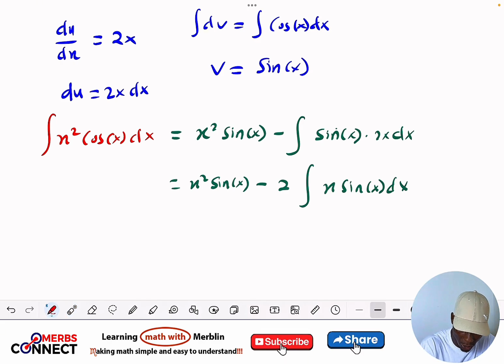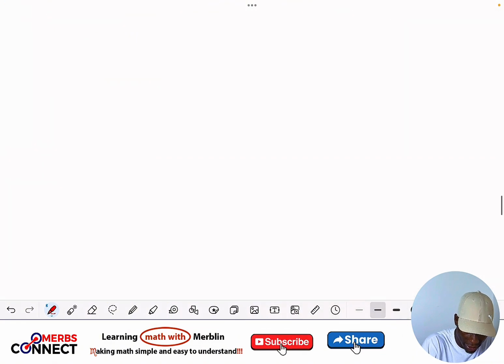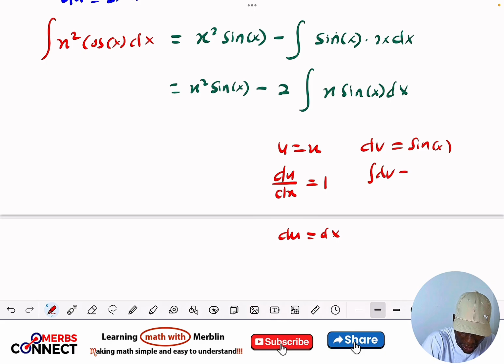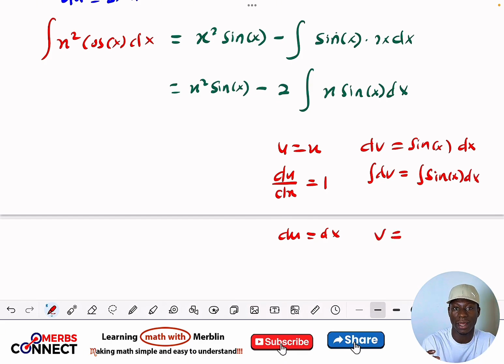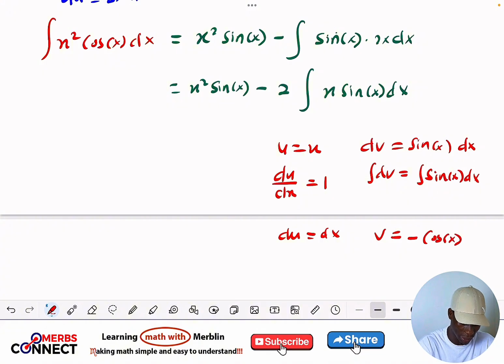Here I'm going to pick my u to be equal to x and dv to be equal to sine x dx. du over dx is going to be 1 and du will be equal to dx. Integrate both sides, and my v will be equal to, when I integrate sine x, minus cos x.